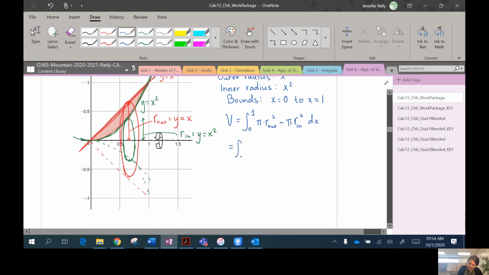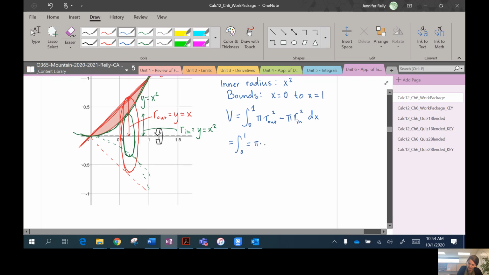For us, it'd be pi times the outer radius x, so x squared, minus pi times x squared squared. I can pull out a pi because there's a pi in both terms, which simplifies things a little, and it'd be x squared minus x to the power 4.